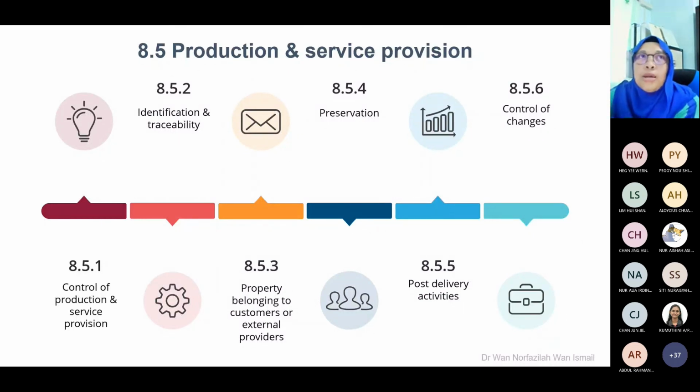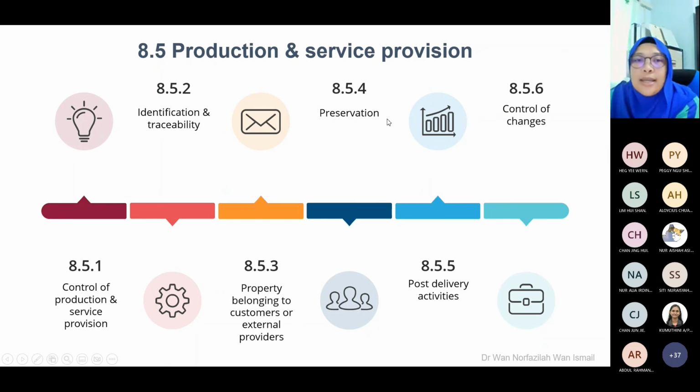Okay, or sometimes for a big industry, they send their equipment for maintenance. That one is the property belonging to the industry, and the service provider needs to follow the requirement from ISO 9001 on 8.5.3.